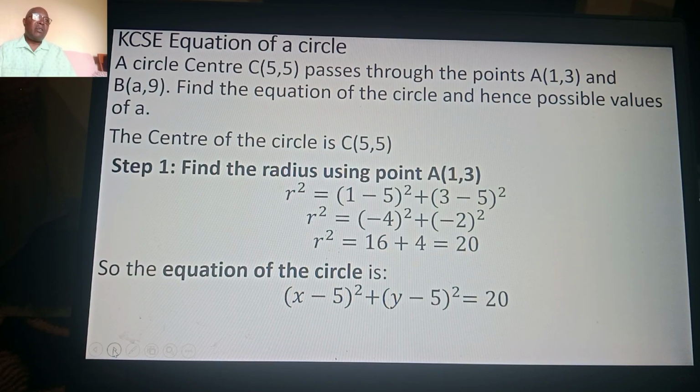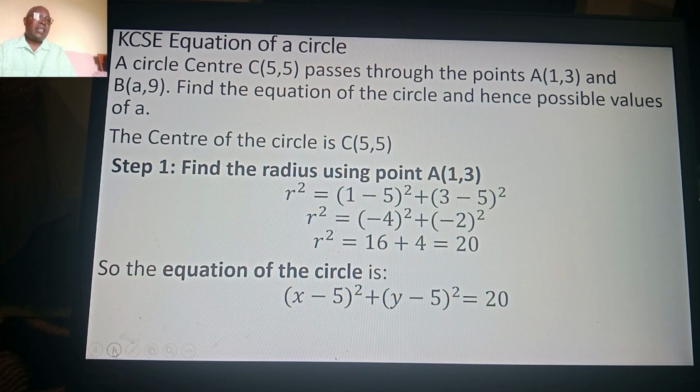The center of the circle is C(5, 5). Step 1, find the radius using the point A(1, 3). Therefore, r squared is equal to 1 minus 5 squared plus 3 minus 5 squared.